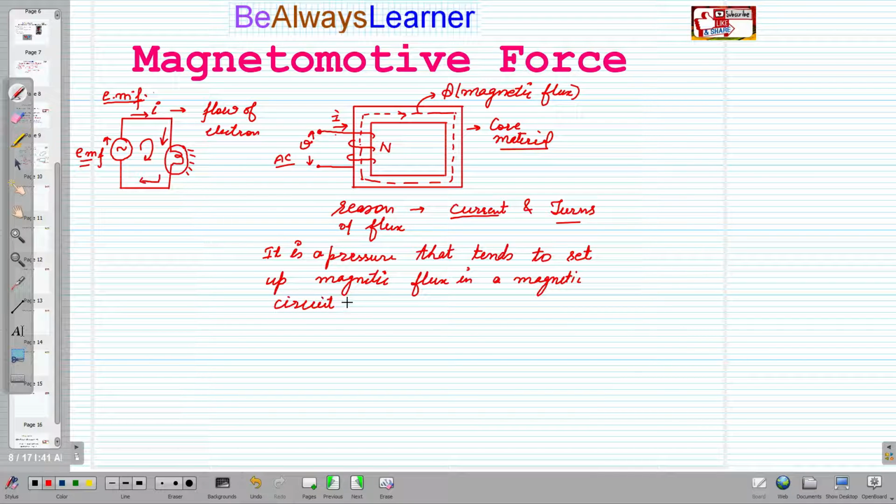So this N and I is the reason to generate a pressure for the generation of magnetic flux.